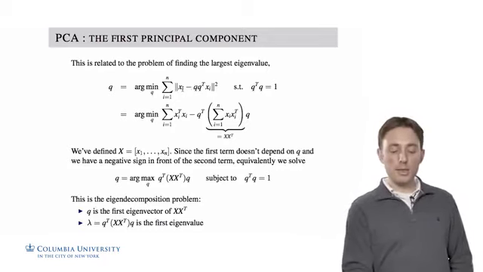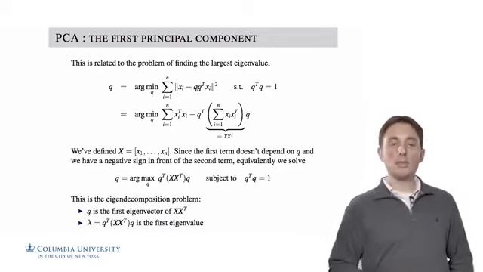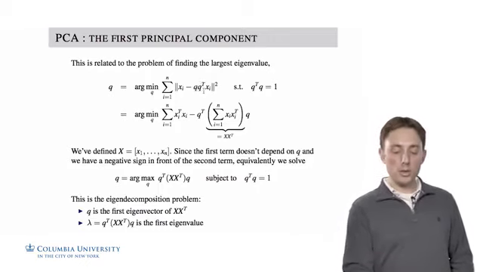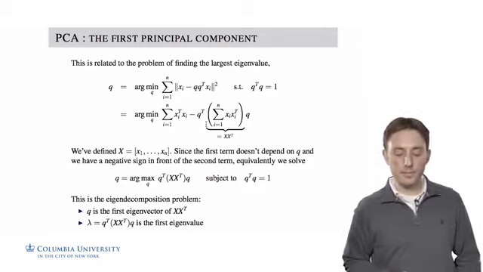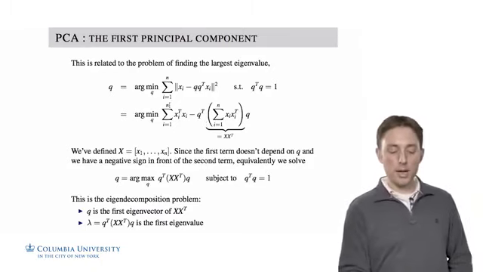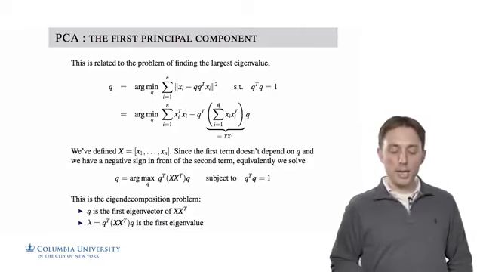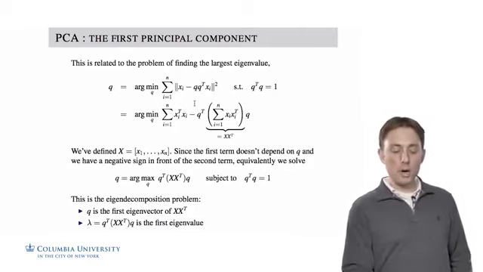The cross term of this, as well as this term with itself, gives this product right here. So this is an equivalent way to write it. I've simplified this by taking the sum and bringing it in here. Now we want to find the argmin of this term minus this term.